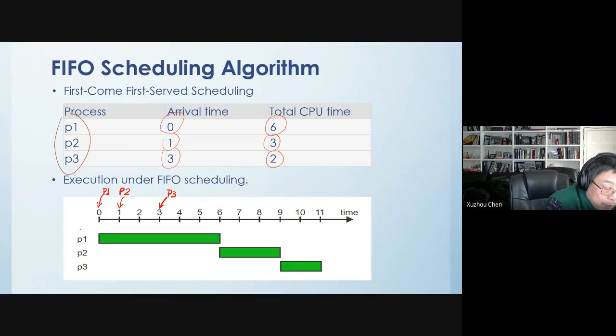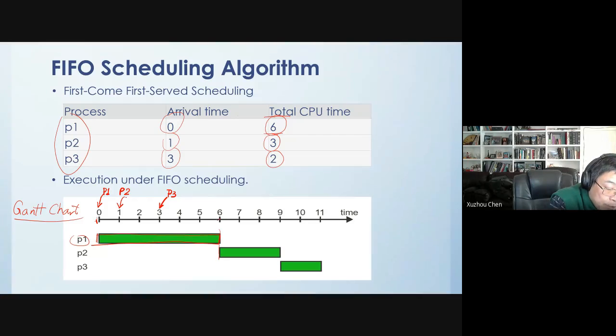If we draw this chart, sometimes called a Gantt chart, process 1 arrives at time 0 and gets the CPU. It executes 6 time units, from 0 to 6, and completes the job.